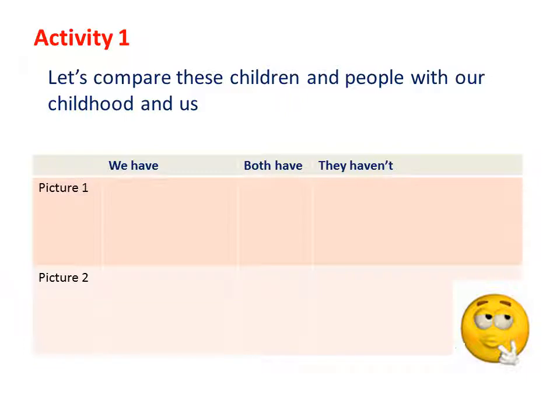If there is a difference, write them under the they column. If both are having something in common, write them under the both column. Are you ready? Yes. You need to copy down the table first. Take a little time. Take your pens and papers. Copy down this chart.